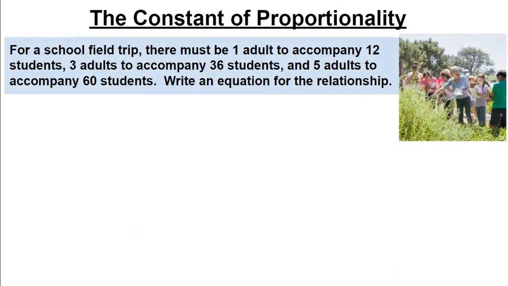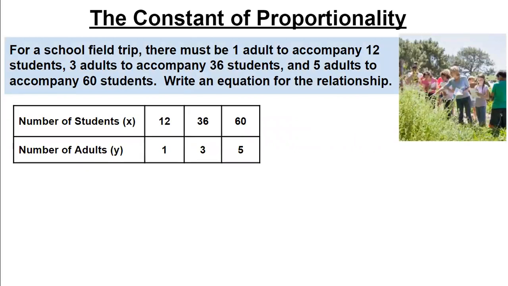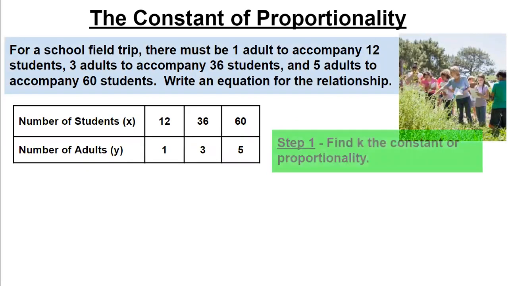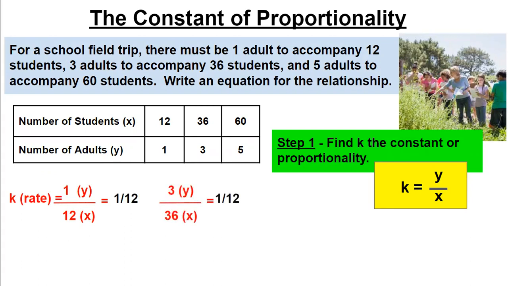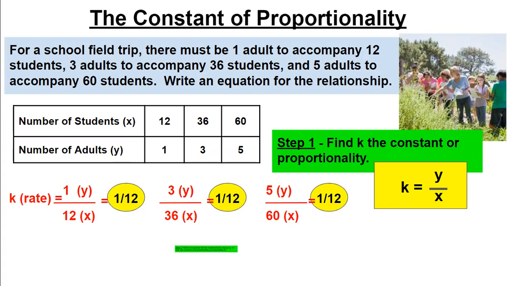For a school field trip, remember this one from the last lesson? There's 1 adult to accompany 12 students, 3 adults to accompany 36, and 5 adults to accompany 60 students. Write an equation. So we made a table based on the numbers in the problem, and then we found K: 1 over 12, 1/12; 3 over 36, 1/12 if you reduce it; and 5 over 60, 1/12 if you reduce it. So the constant of proportionality, K, is 1/12.